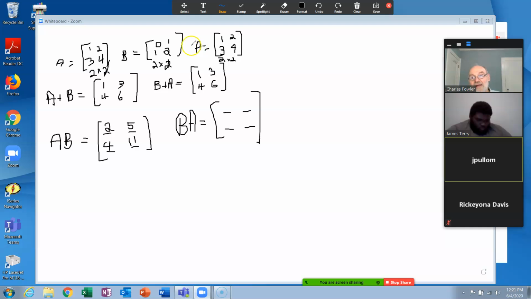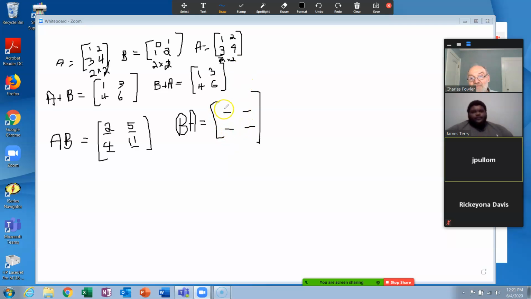B is a 2 by 2. A is a 2 by 2. And you look at the inner numbers. As long as they're the same, the number of columns of B has to equal the number of rows of A. It does, so I'm going to throw those out. Our answer is going to be a 2 by 2. So now I've drawn the product matrix to be 2 rows, 2 columns. So that's a 2 by 2.